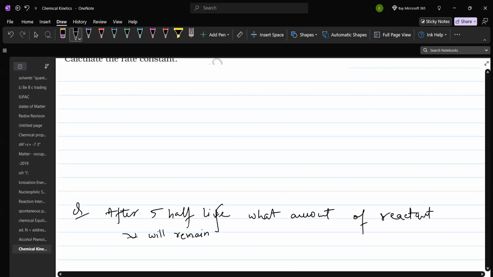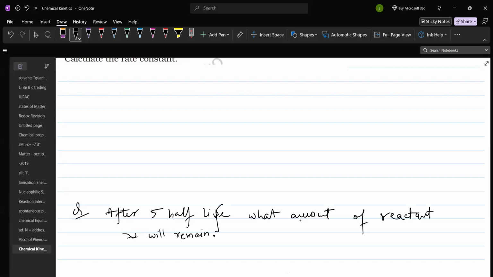So the question is, after 5 half-life, you have to tell what amount of reactant will remain.